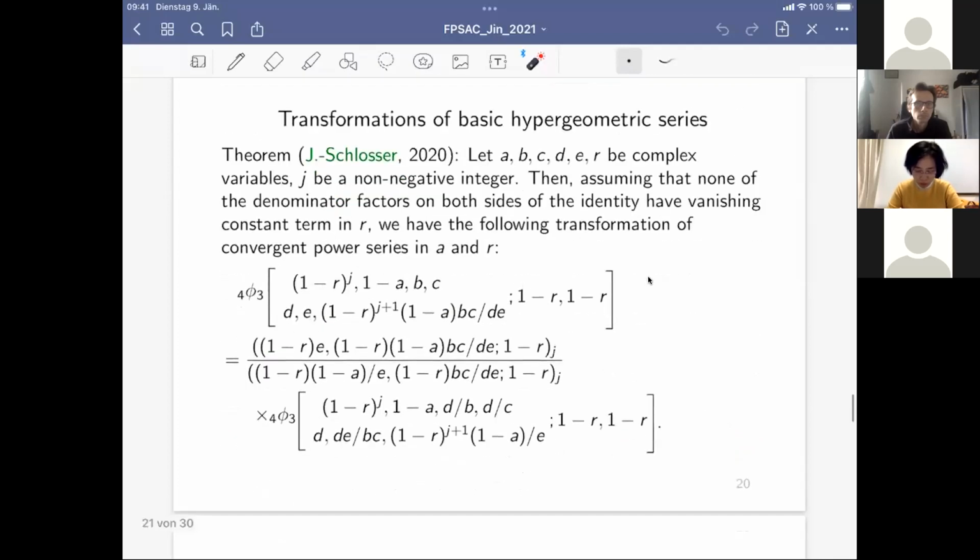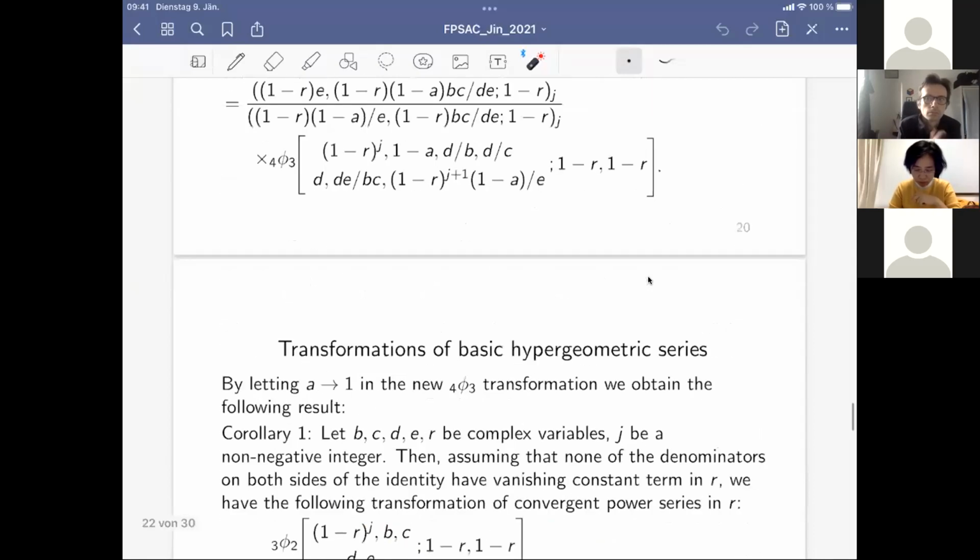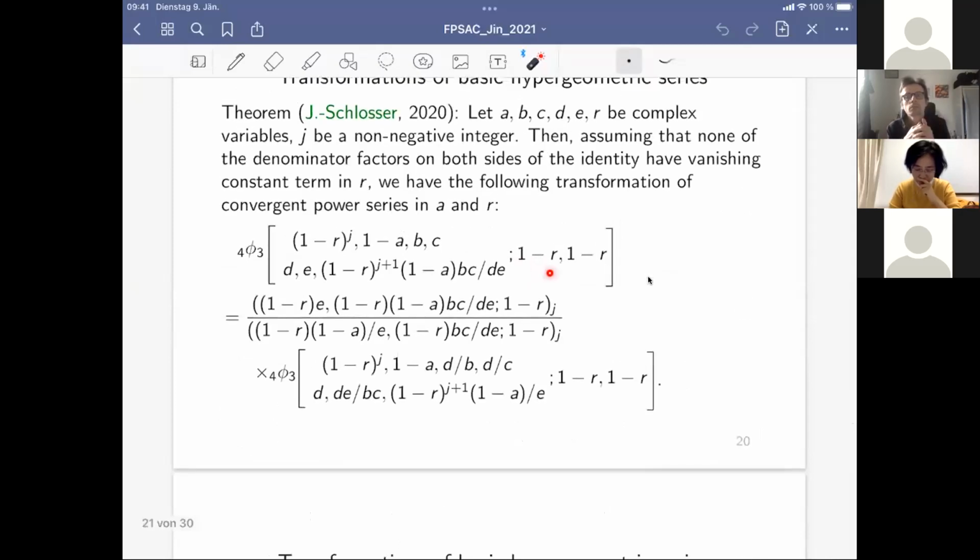So now using this Sears transformation, we are able to come up with this non-terminating transformation of 4φ3 series. Now this theorem will lead to two corollaries. And as you can see, here it is around R equals 0, but around Q, base Q around 1.